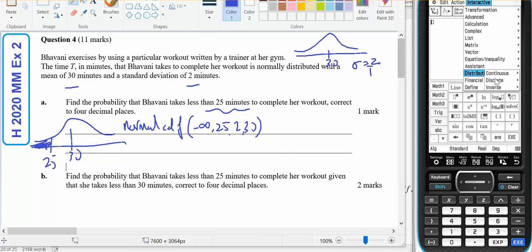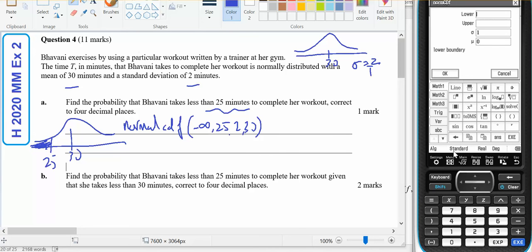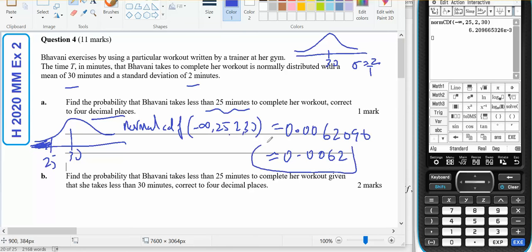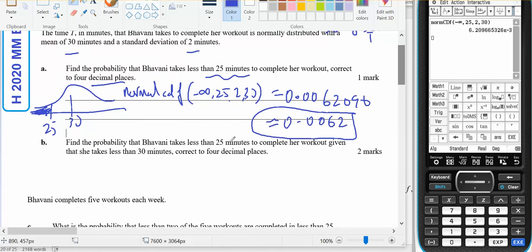Interactive, distribution, continuous, normal CDF, lower is negative infinity, upper is 25, 2 is the standard deviation, and 30 is the mean, and that gives me 6.2096 times 10 to the negative 3, so move the decimal place 3 spots, 0.0062096. To 4 decimal places, 0.0062.